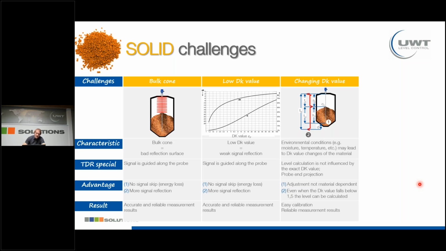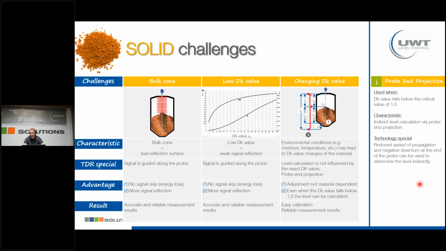And one last feature: in some applications, the decay value of the material can change. Due to humidity, moisture or temperature changes, this may lead to a change in the decay value of the material. The more dry it is, the lower the decay value. This is also recognized by the sensor, and this is called the probe end projection.